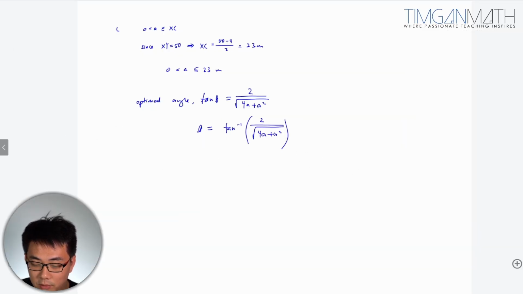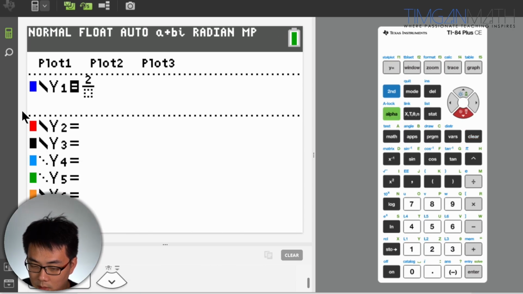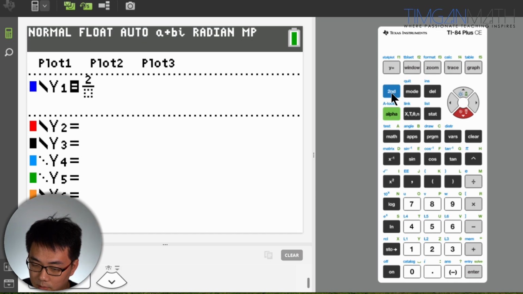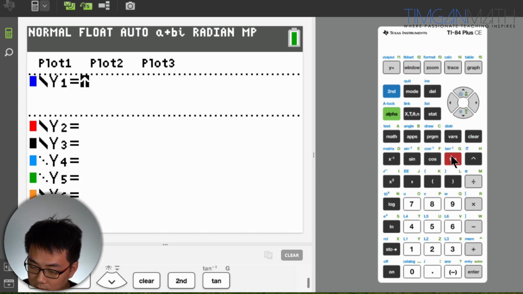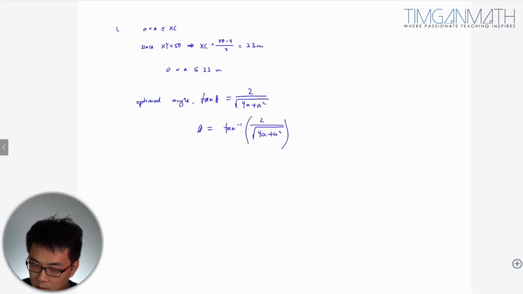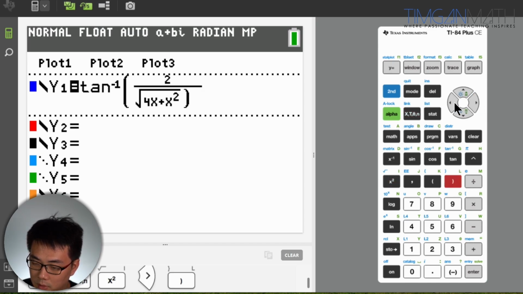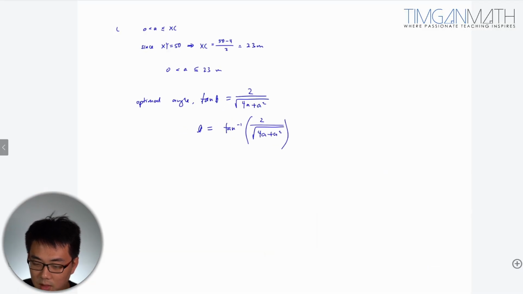So tangent inverse of 2 over the square root of 4x plus x squared. Okay, there you go. So in this case, what we're going to get is essentially 4a plus a squared. Is that right? Okay, great.